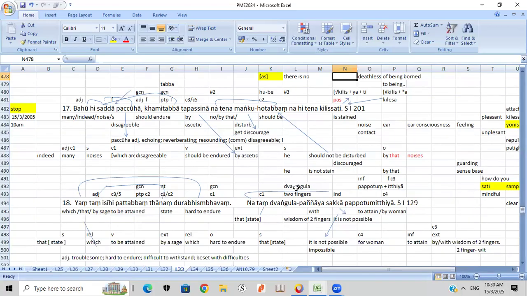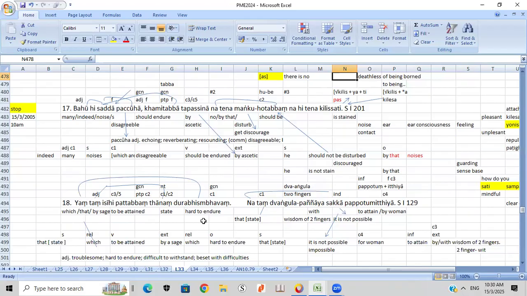Okay, number 18, sorry. Yam tang isihi patapang tanang dura pi. Wait, I think there's something missing. I think there's a missing A here. Let me check. Looks like it.